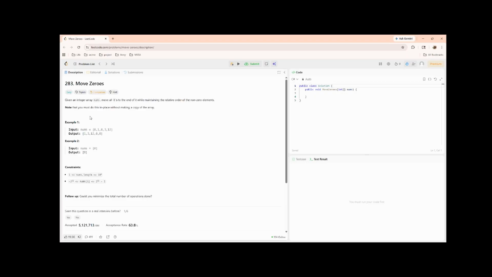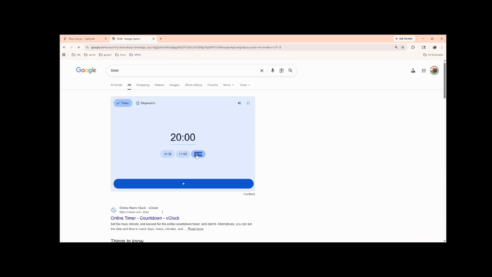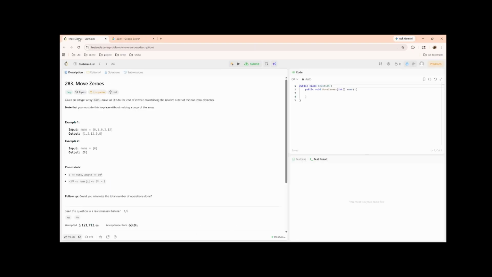Note that you must do this in place without making a copy of the array. So example 1, nums is 0, 1, 0, 3, 12.